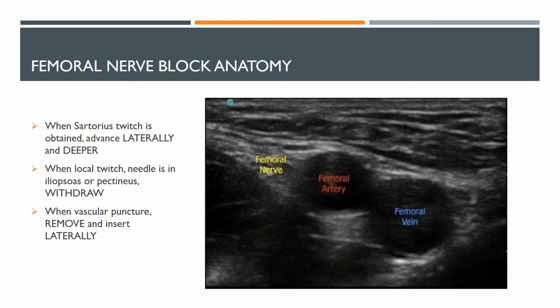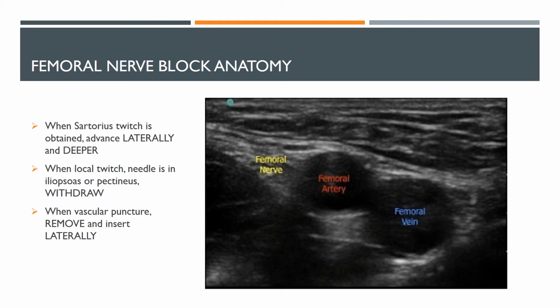Questions often arise regarding performing nerve blocks with nerve stimulation and how the needle should be redirected given a particular reaction. When the sartorius muscle twitch is obtained, you should move the needle laterally and deeper.